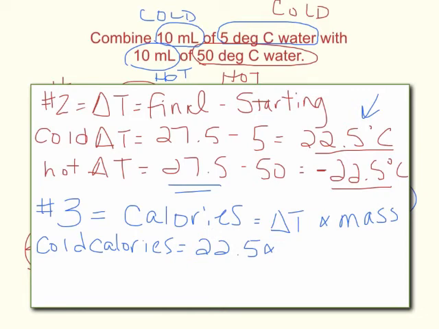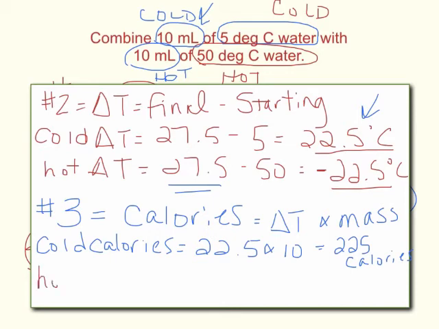How much I had was 10 milliliters. So I'm going to take 22.5 and multiply that by 10, which is just going to move that decimal place one place over to the right. And so I'm going to have 225 calories that was given to the cold water.